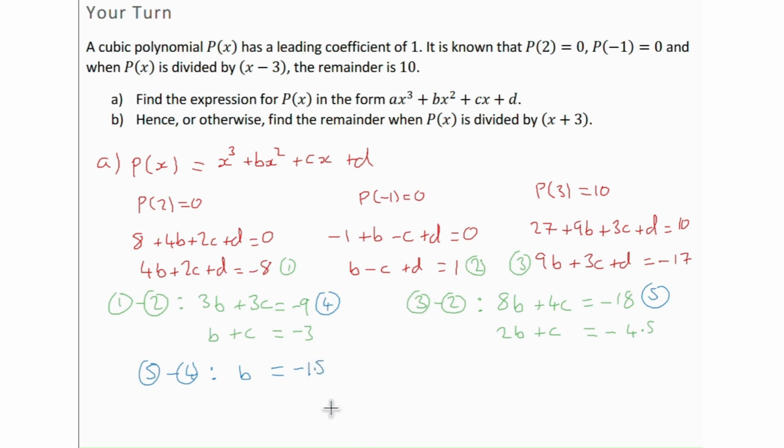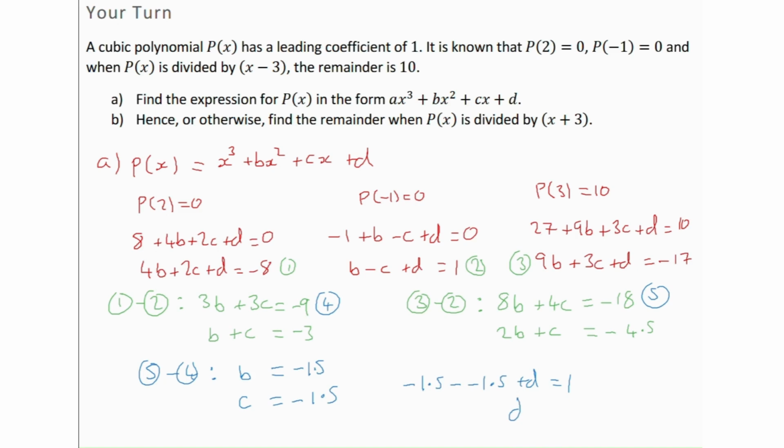So b is minus 1.5. Now that I know b, I can work out c by substituting into 4. So c is also going to be minus 1.5. And now that I know b and c, I can find d, maybe by substituting into 2. So I've got minus 1.5 minus 1.5 plus d is equal to 1.